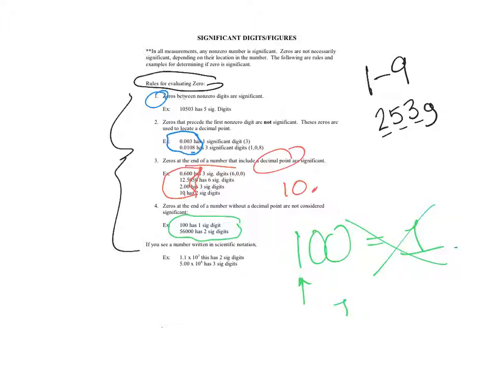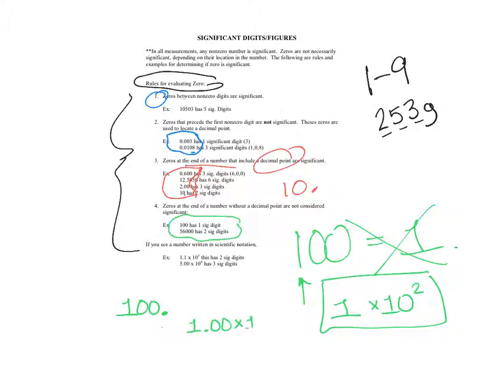But if we were to write this in scientific notation, you would see very easily now, oh yeah, there's only one significant digit. Now, how would I write 100 if it had a decimal in scientific notation? Well, it would be 1.00 times 10 to the positive 2. 100 without a decimal, you get 1 times 10 to the 2. Do you see the difference?